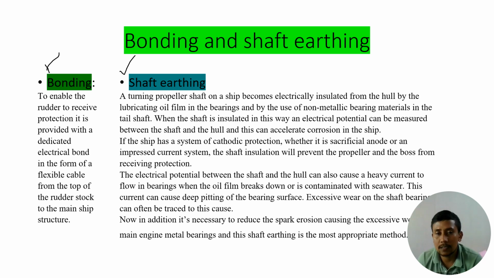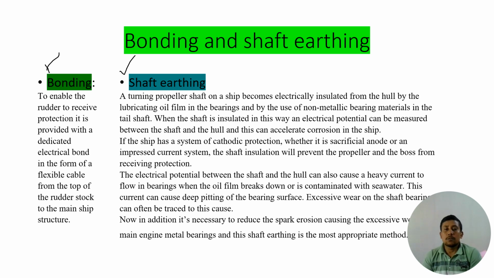This lube oil is constantly supplied to the stern tube sealing arrangement. For the stern tube sealing arrangement we have the seals. Seals are normally made of non-conductive materials. That means there is a potential difference between hull and shaft, and this potential difference can accelerate corrosion in the ship or in the propeller.